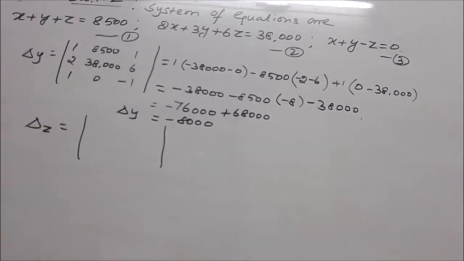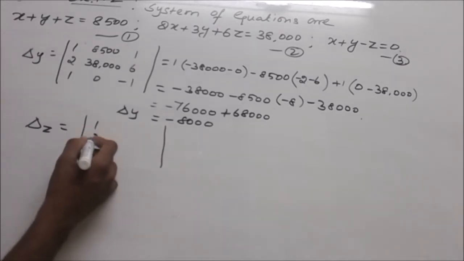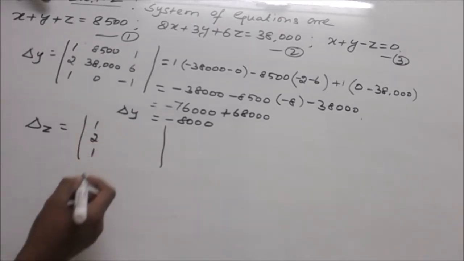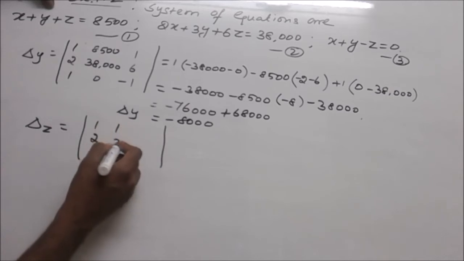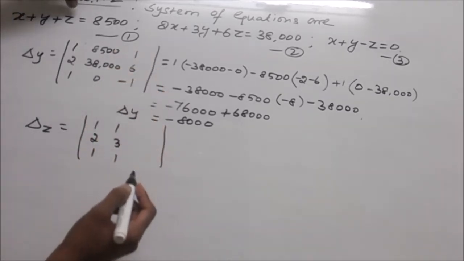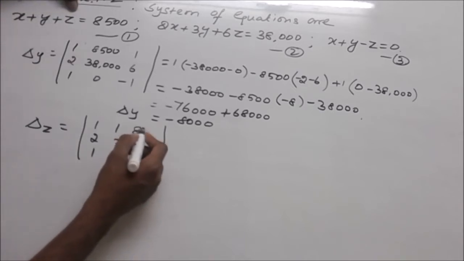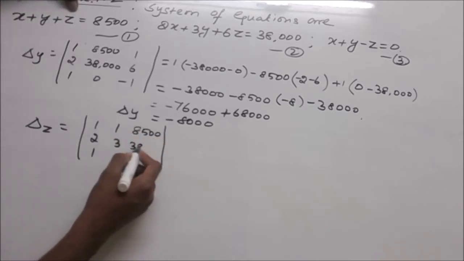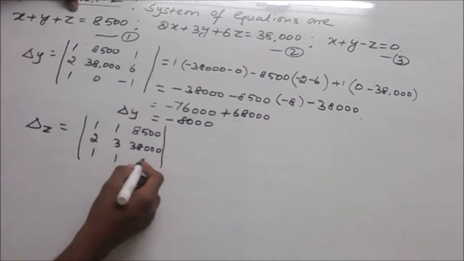Delta z equal to 1, 2, 1 and the coefficients of y 1, 3, 1, and replacing the coefficients of z by the constants 8,500, 38,000 and 0.